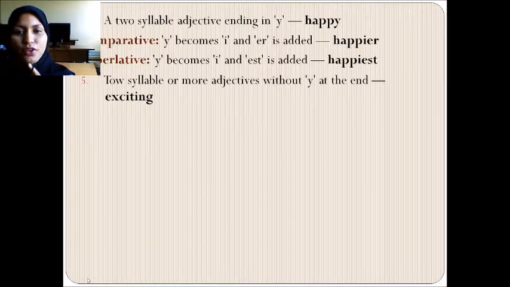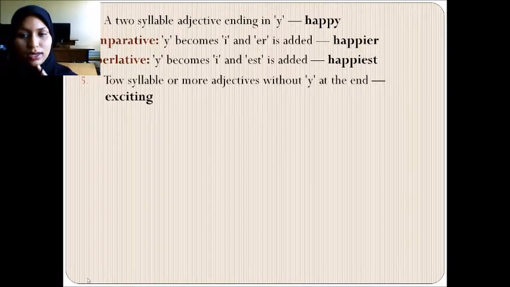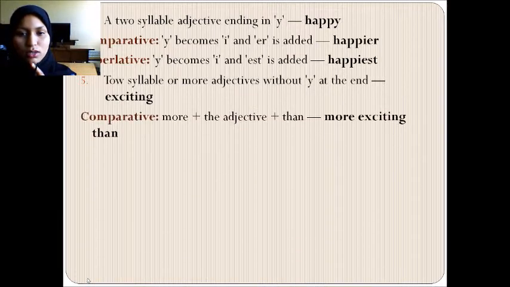We have the fifth case, which is adjectives of two syllables or more without y at the end. For example, exciting. We have more than two syllables, so we apply this rule. For the comparative, we add the word more plus the adjective plus than. So we get more exciting than.